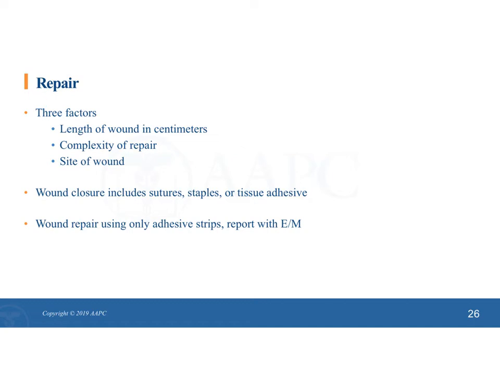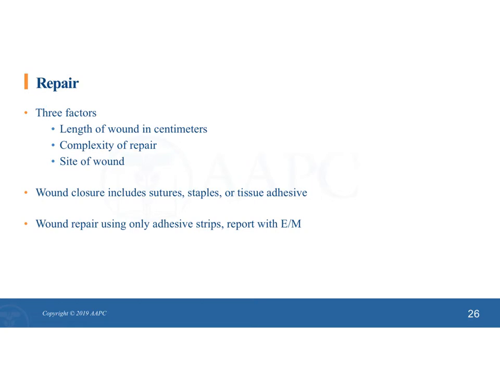The first paragraph in the guideline says that wound closure includes sutures, staples, or tissue adhesive. However, if the wound closure uses only adhesive strips as the means of repair, you would report the appropriate E&M code. What this means is that if the wound is repaired using a butterfly bandage, a repair code would not be reported.